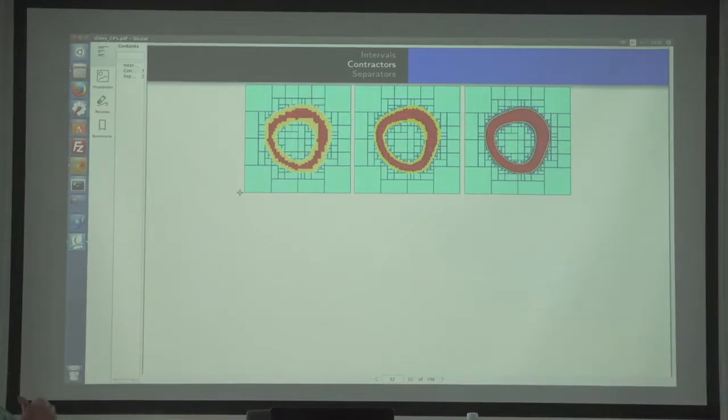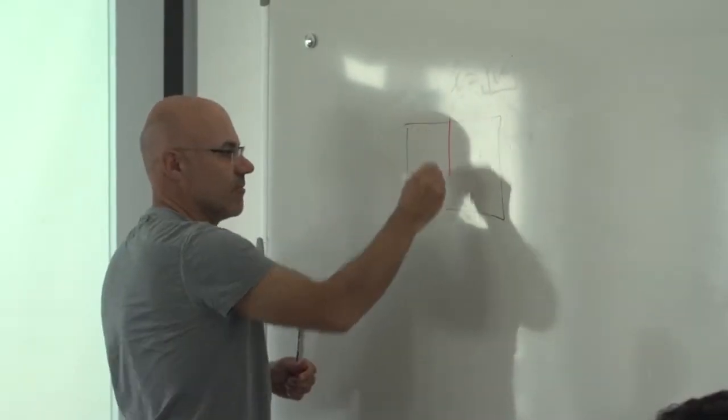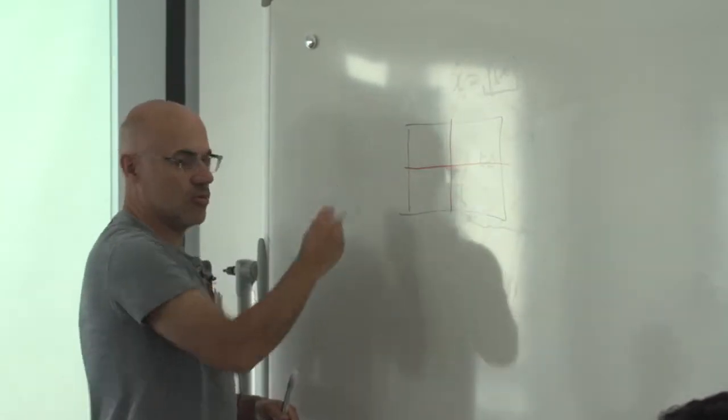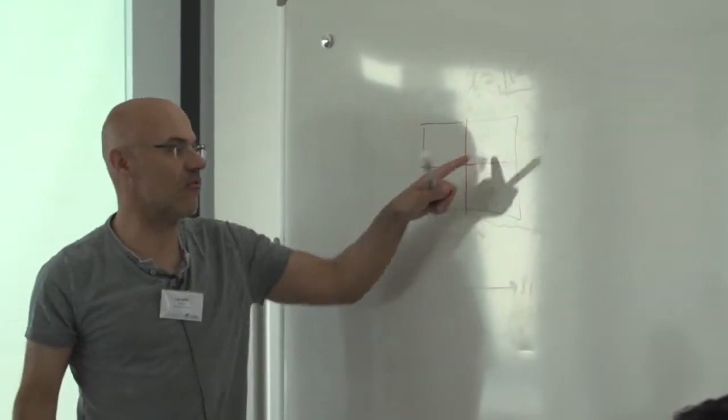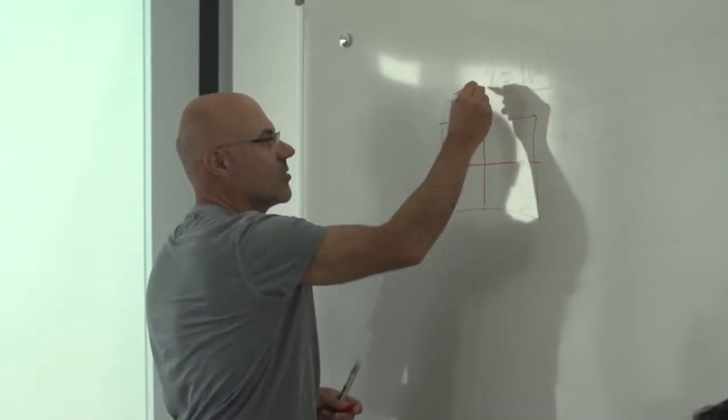So in fact, just as an exercise, if I take a box, and if I bisect in all directions, so 1 and 2, I generate 4 boxes. So now here it's for n equal to 2.